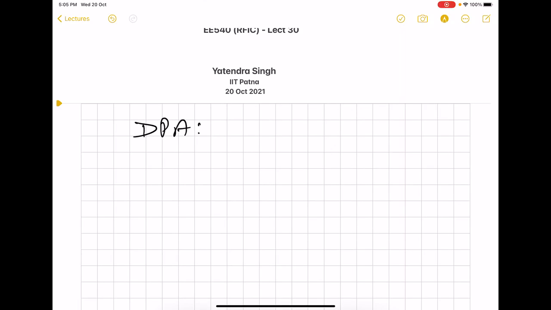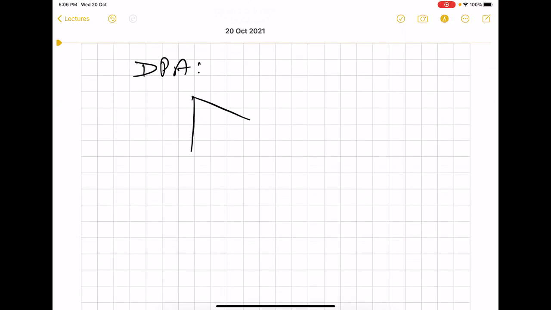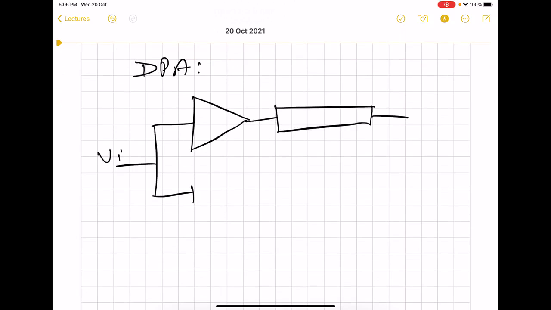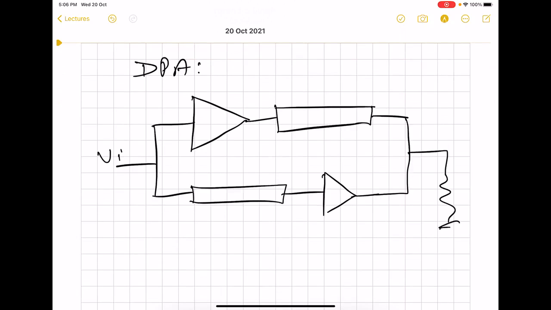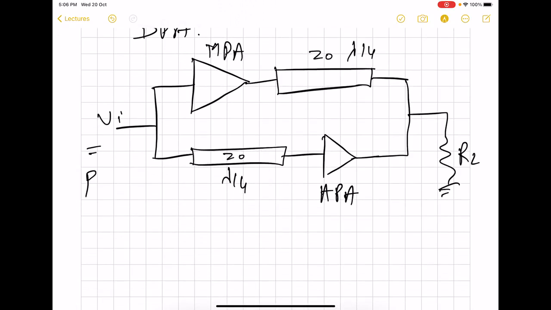So here we have Doherty power amplifier. And the input is of this form, where beta varies between 0 and 1.